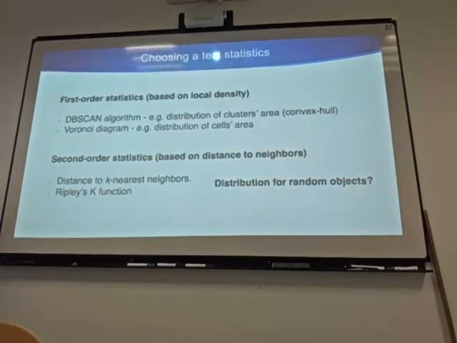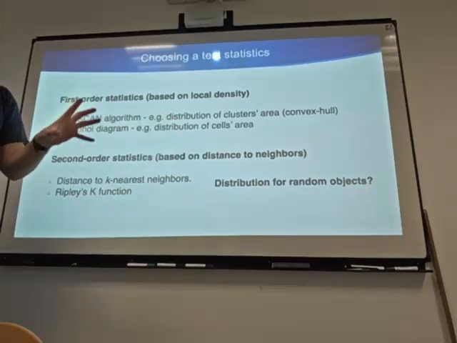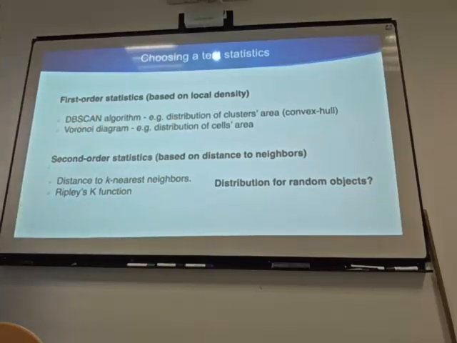So if you want to do that, you need to choose a test statistic. It can be a first order statistic based on local density. For example, if you use a DBSCAN algorithm with some parameters min points and epsilon, you can look at the distribution of cluster areas that you have, typically through a convex hull.